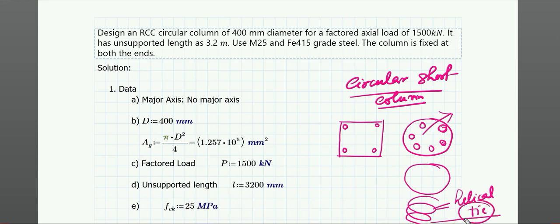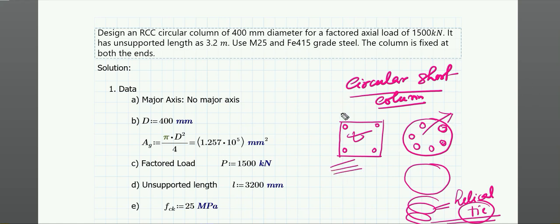When you are using helical reinforcement to tie the longitudinal reinforcement bars, then there is a small difference that will come compared to a rectangular column design. Other than that, all the things that you have done in case of a rectangular column design will remain same.